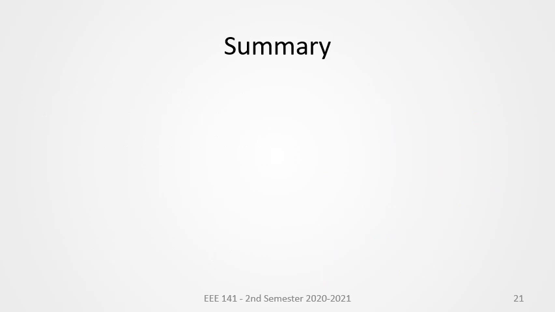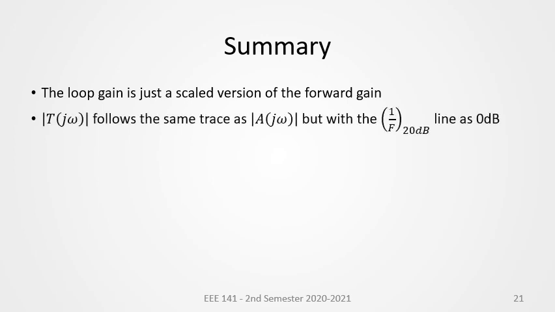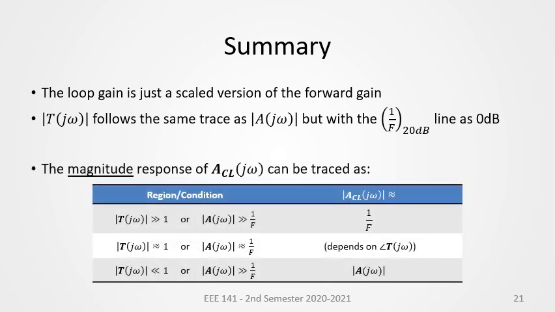So to summarize what we have discussed, first, the loop gain T of S is just a scaled version of the forward gain under our assumption that F is just a purely real constant. Next, under the same assumption, the loop gain magnitude will follow the same trace as the magnitude of A of j omega, but with the 1 over F line as 0 dB. Next, the magnitude response of the closed loop gain can be traced using the table shown.